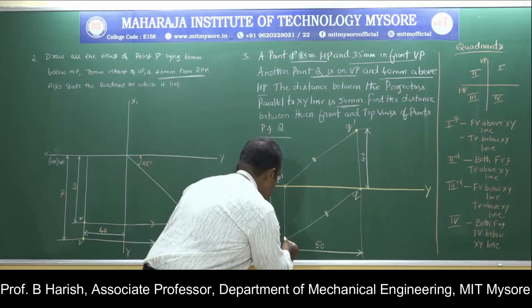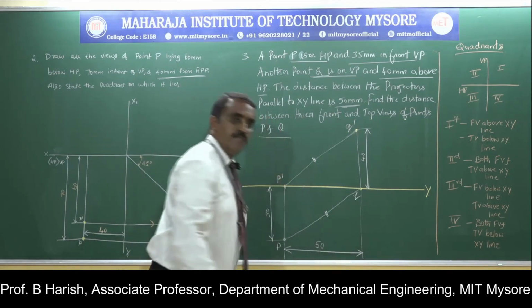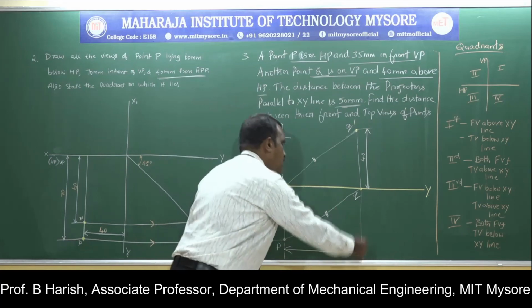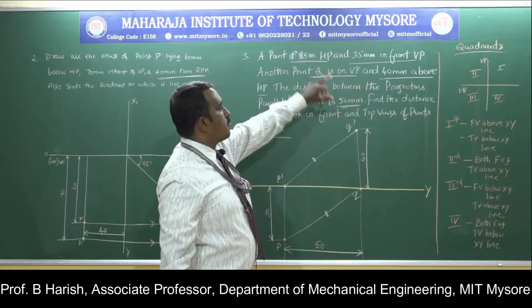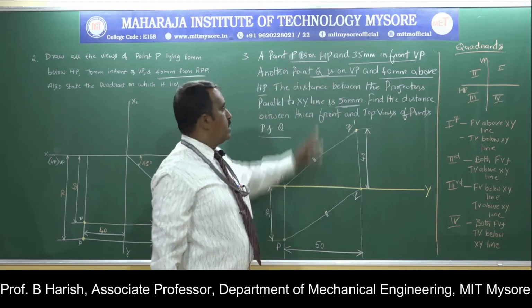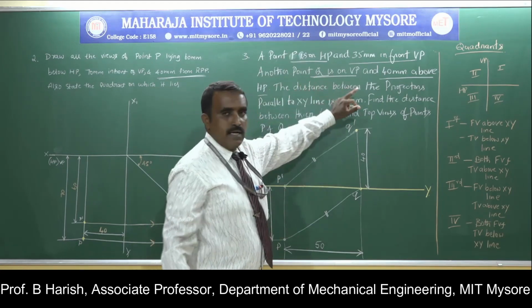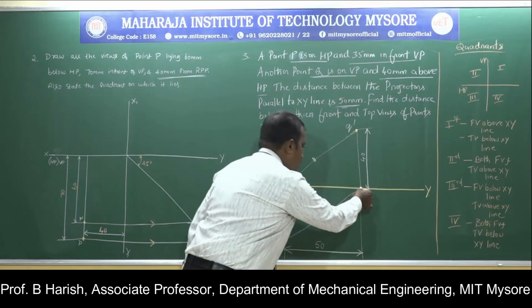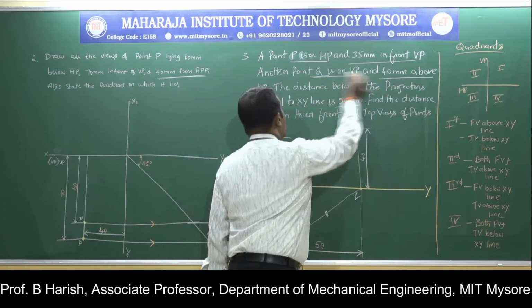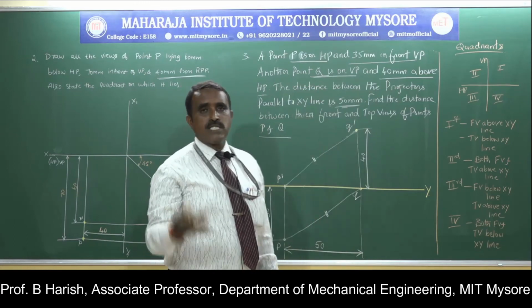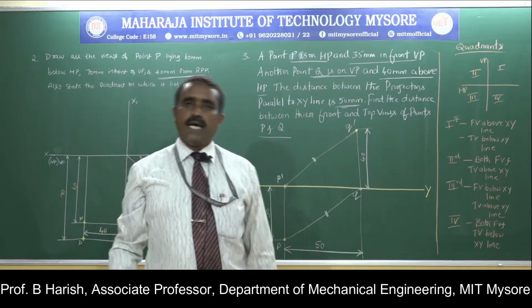So from this projector I will measure a distance of 50 mm. On this vertical projector, I will locate the projector of point Q. Point Q is on VP, so here you will get the projector on your XY line. It is 40 mm above HP. Above HP means always it will be above the XY line.